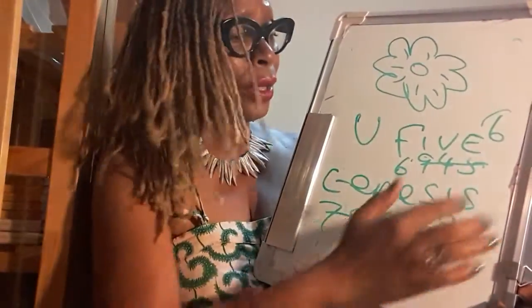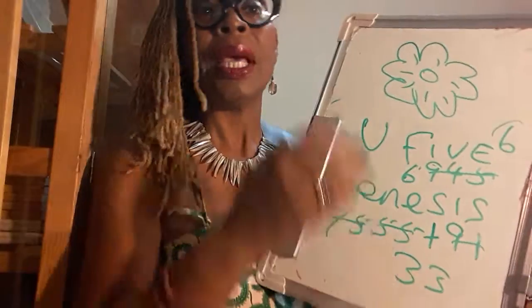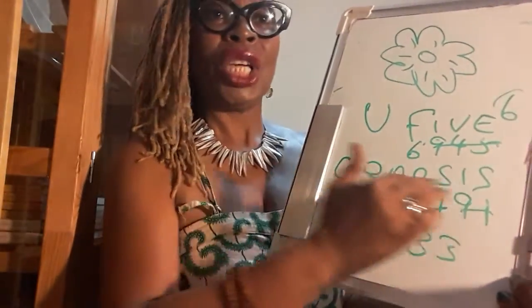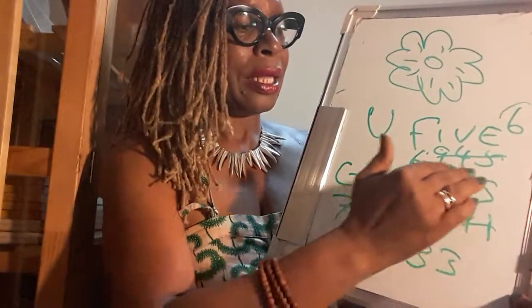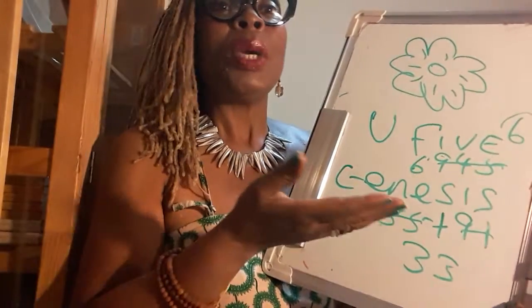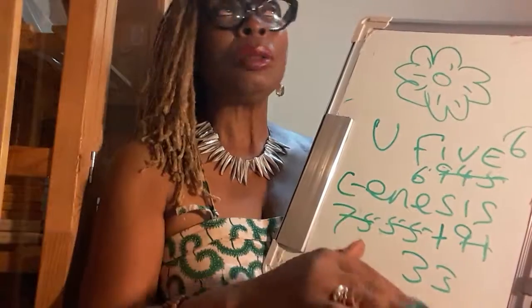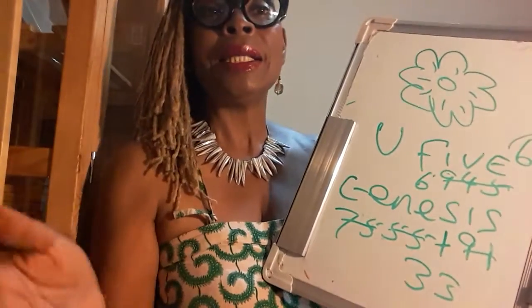When you get to understand the construct of your makeup, that you are 6, we are a Genesis. The Genesis that we are. Genesis means beginning. We are not the original, you could say, human beings on earth.